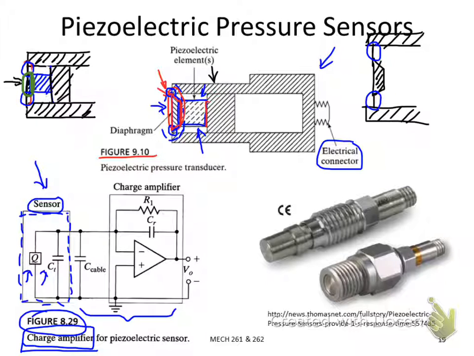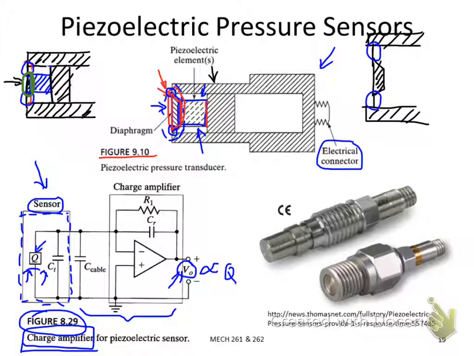Finally, this will give you a voltage, and this voltage is linearly proportional to the charge built up from the material. I will not introduce the formulas between V1, V0 and the charge, but it's a linear relationship.